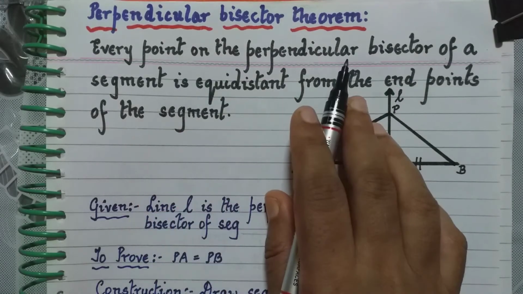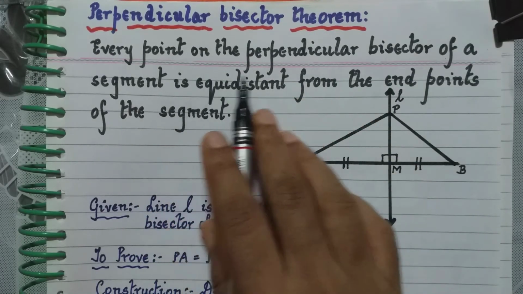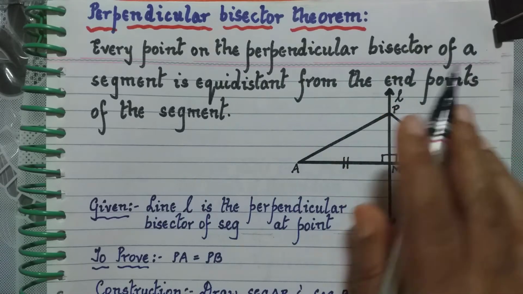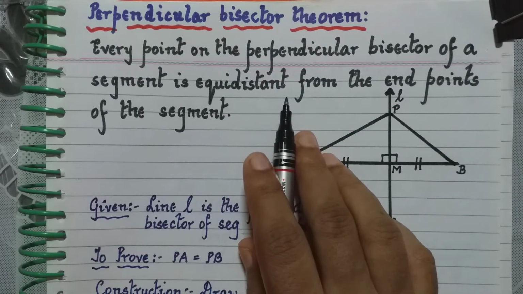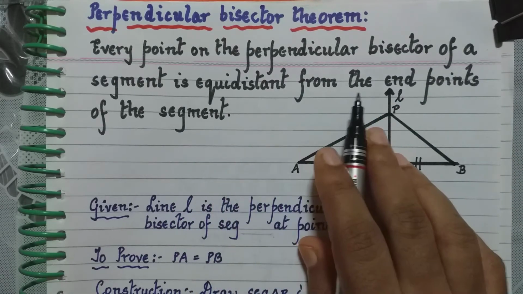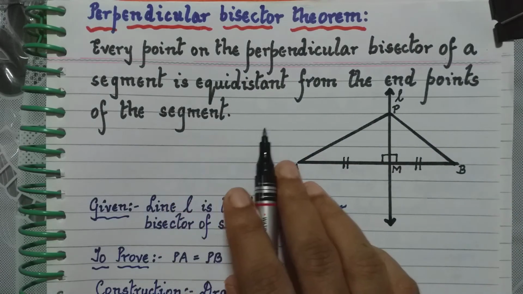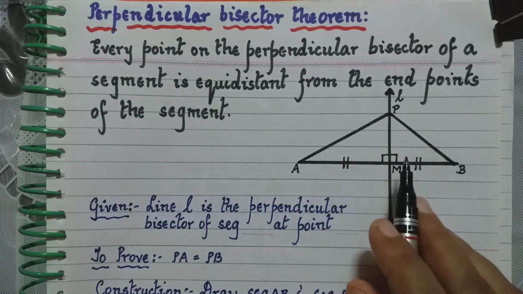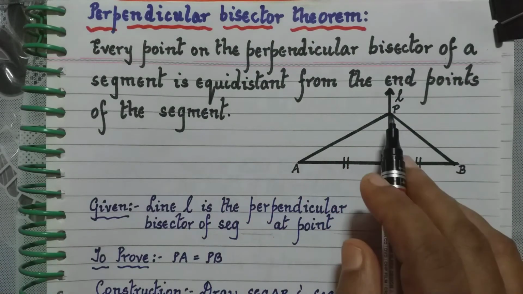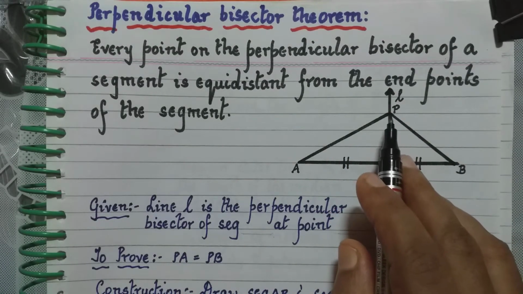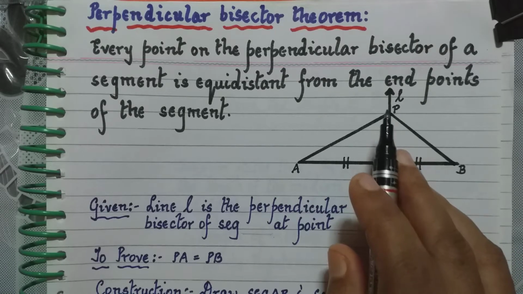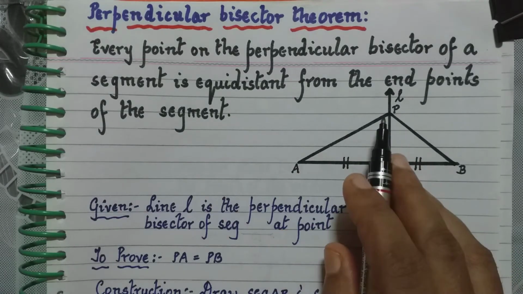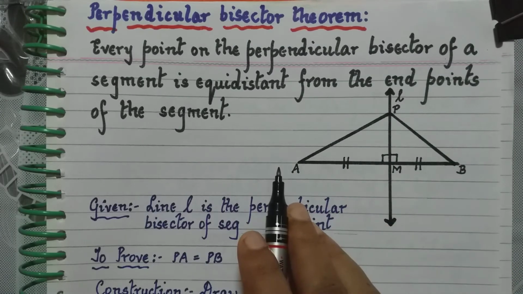Now what does this theorem state? That every point on the perpendicular bisector of a segment is equidistant from the endpoints of the segment. That is, on this perpendicular bisector there may be any points. We have taken some point, say P. So we have to show it is equidistant from the endpoints of the segment.